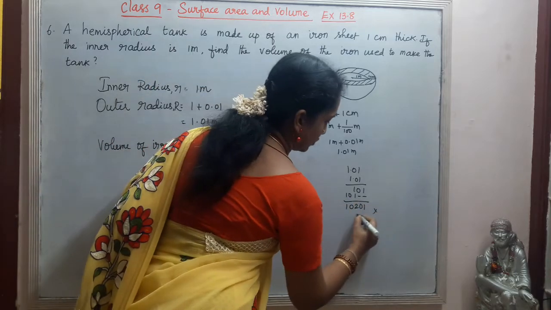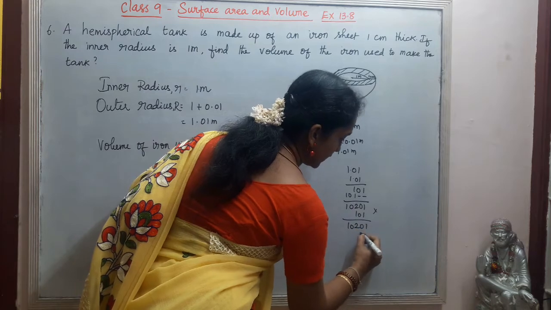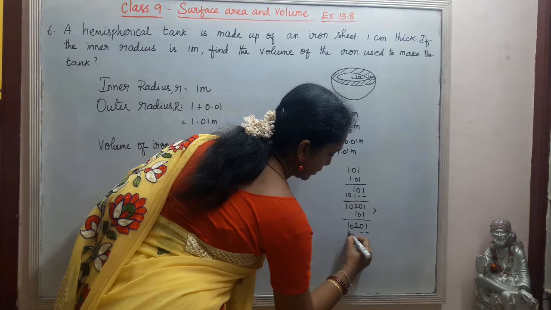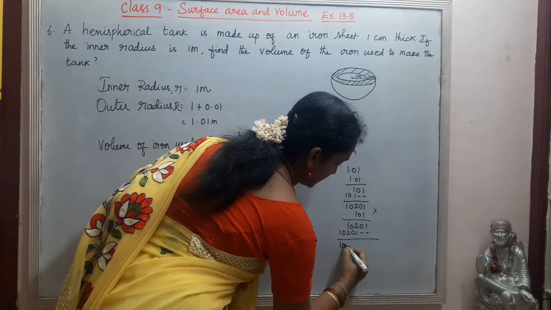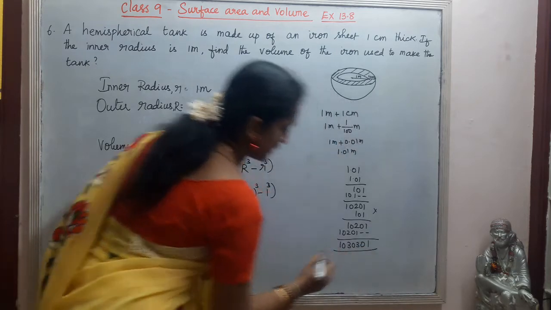Into one more time, 101. So this is 10201, 0 and this one, then 10201. So when we add this, we get 1030301, this is the answer.